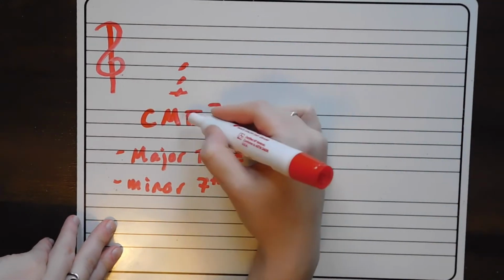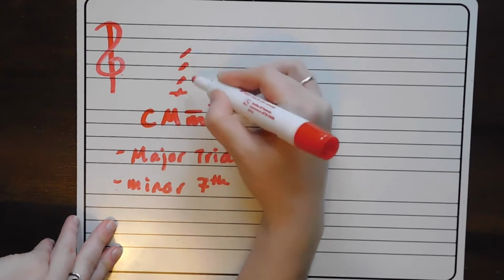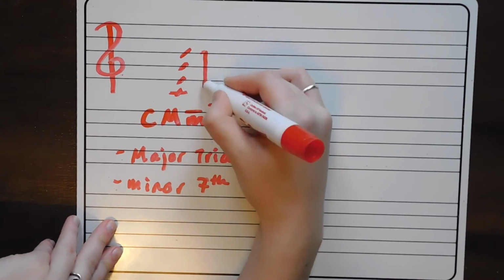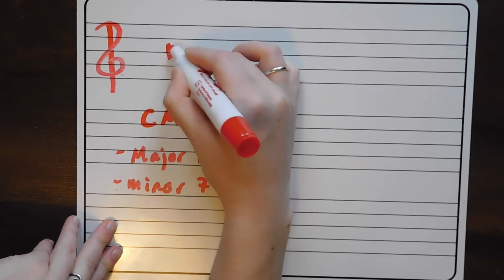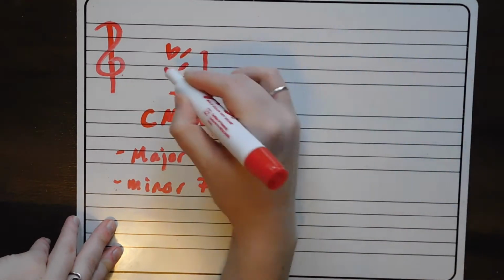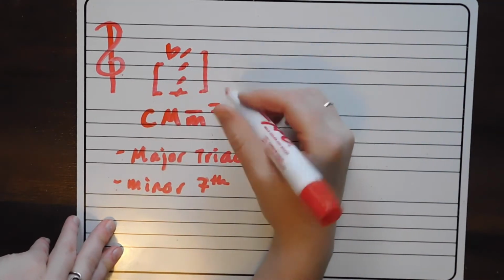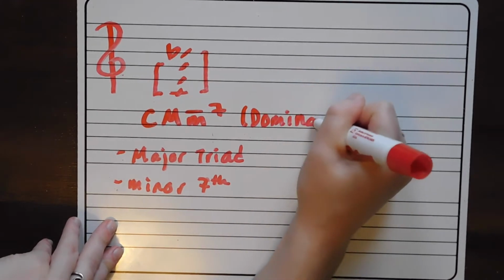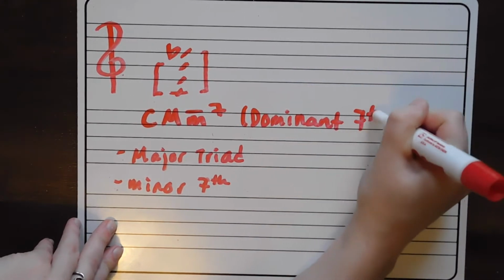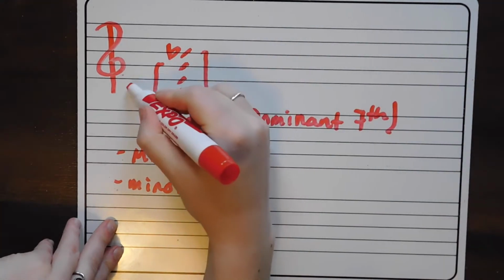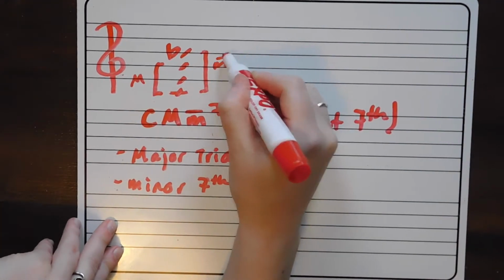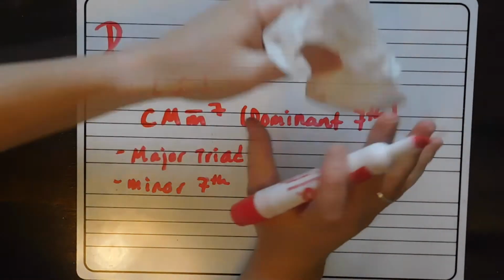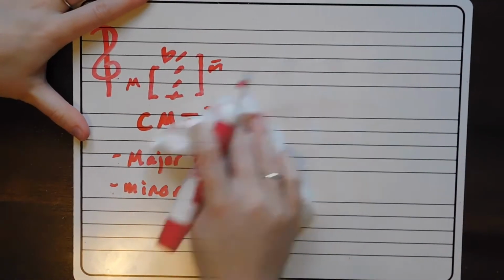And then we need a minor 7th. Think C to B, that's major. C to B flat is minor. So this is your major minor, or as we're going to be calling it a lot, a dominant 7th. This is the major triad and then the minor 7th. On to the next one.